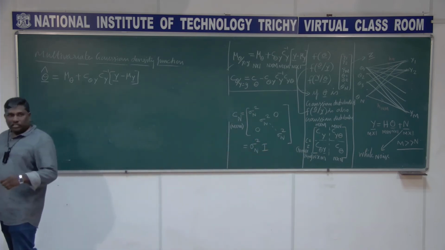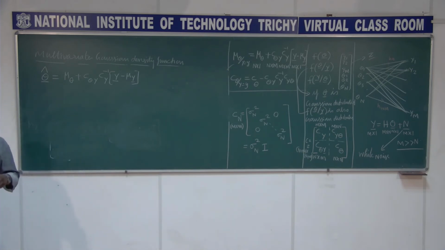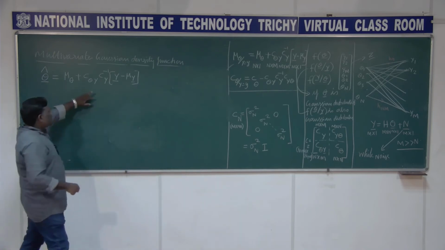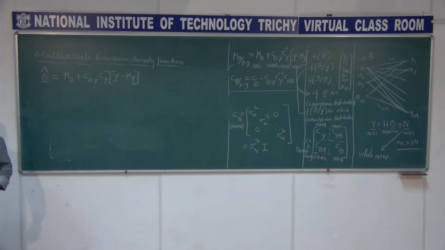Sigma n squared is the noise power. So the noise n is white if its covariance matrix Cn is diagonal with the diagonal elements sigma n squared. This is the point. I wanted to use this fact to get a simplified version of this.